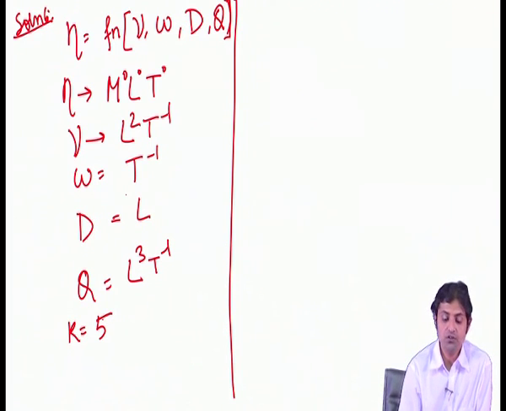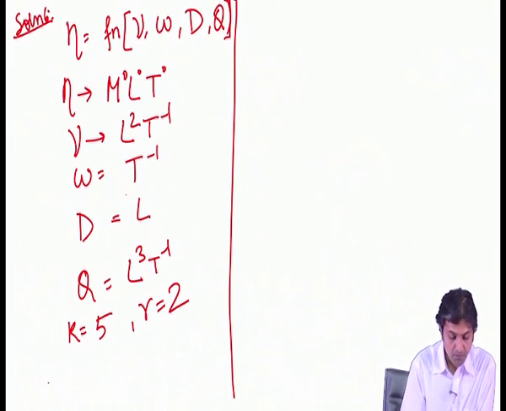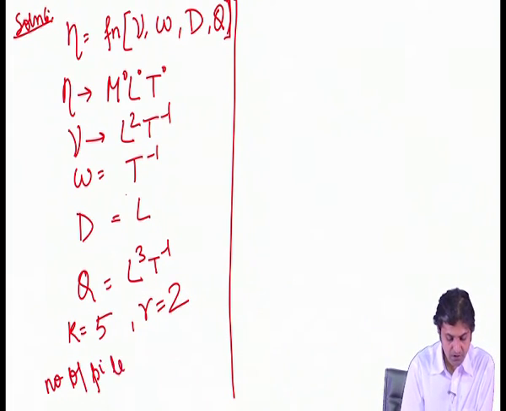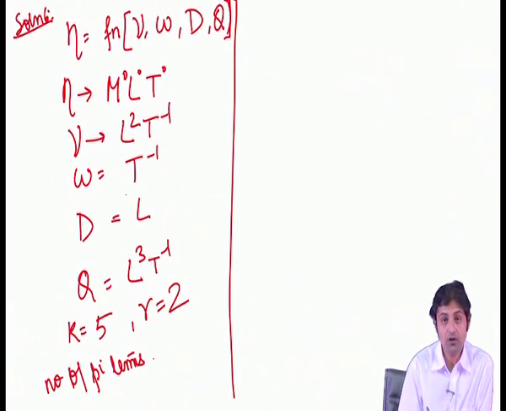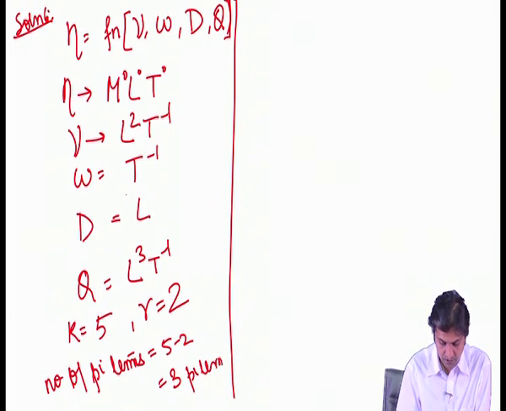So, it is only L and T that have been used. So, R is going to be 2. All right. So, number of pi terms, this is an example also for showing that R is not always 3, is 5 minus 2, is 3 pi terms. Okay.